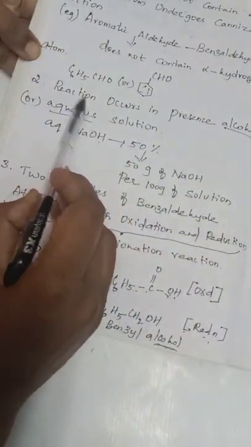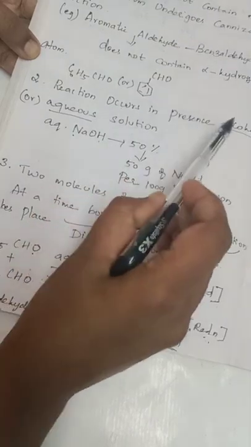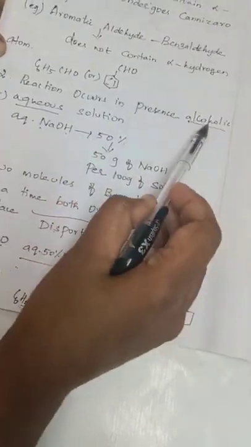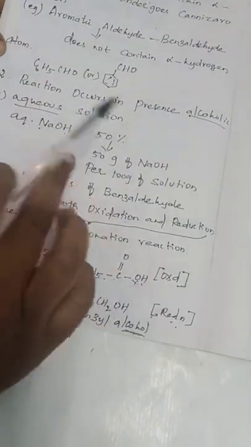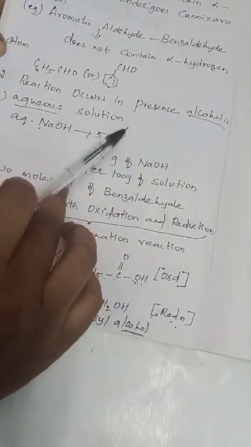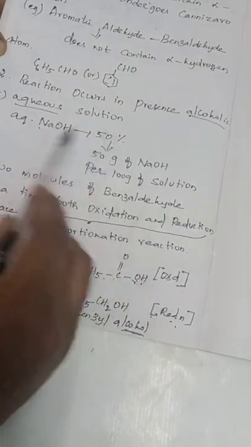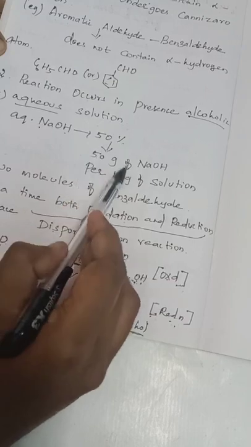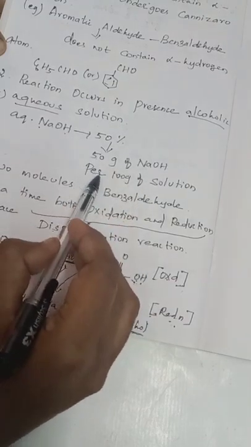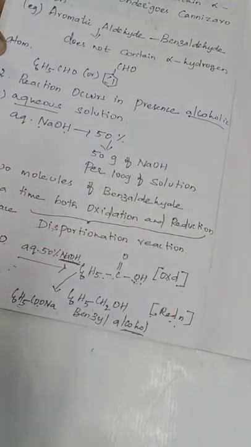So the first condition is over. Then the second condition: the reaction occurs in the presence of either an alcoholic solution or an aqueous solution. Here we are using aqueous sodium hydroxide, 50 percent. 50 percent means 50 grams of sodium hydroxide dissolved per 100 grams of solution.